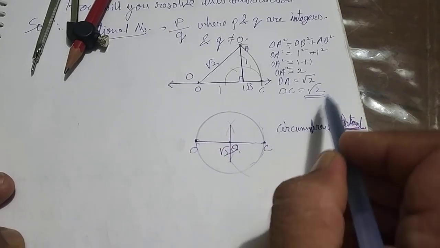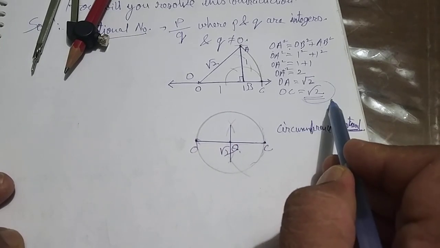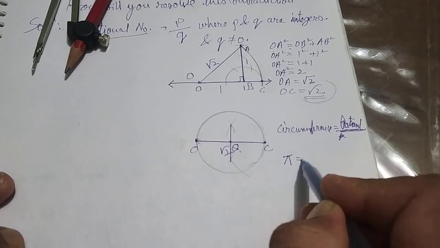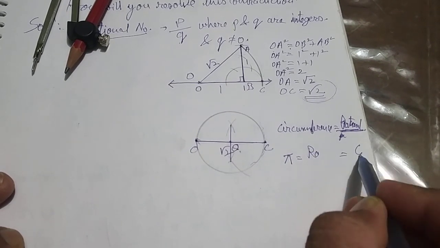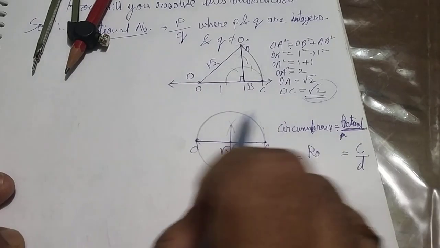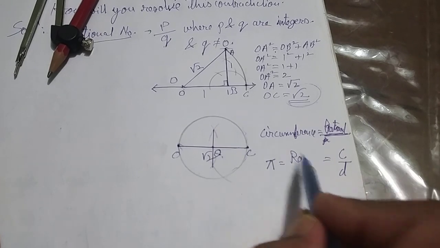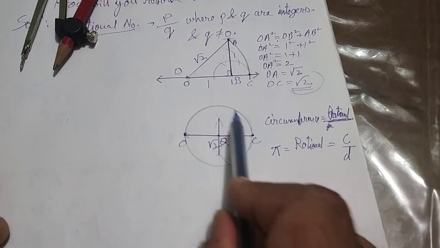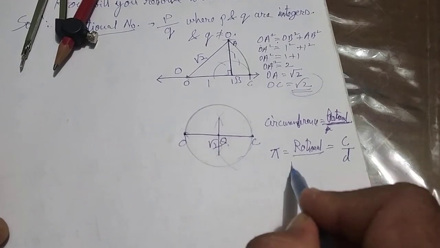But look at the diameter. What diameter is this? This is irrational. So if we have to calculate the value of pi, it will be circumference upon diameter, as it is given. But look at this circumference. Circumference is rational. If you measure this, you will get a rational number. But look at the diameter. Diameter is irrational.